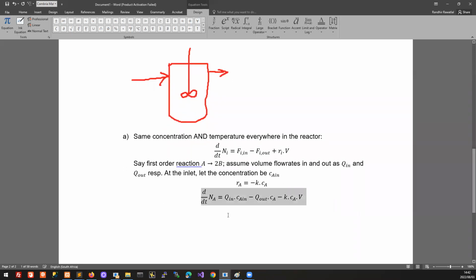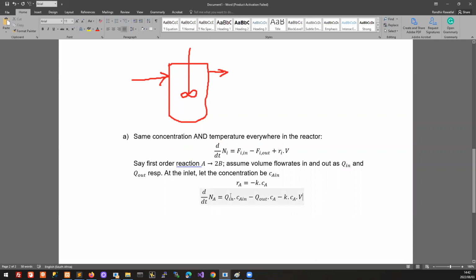There is one other thing we can do. The number of moles here, we can rewrite this. Again, the concentration is the same everywhere, so the number of moles can be estimated simply by multiplying the concentration, CA, by the total volume V. So we can rewrite this as C sub A times V. Now this is a much better equation to work with because you can see there's one variable here, CA.